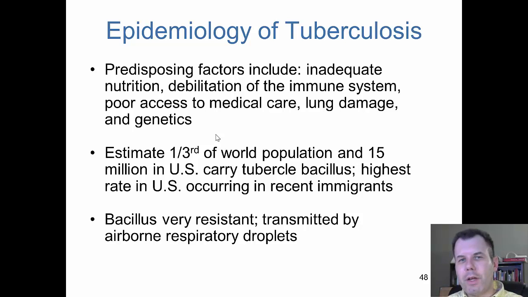They had the infection at one time in their lifetime, and they came over here, and then it reactivates later on. So about 1/3 of the population, 15 million in the United States, actually carry the disease. And again, the highest rate is occurring in recent immigrants coming to the United States. And again, it's very resistant and it's transmitted through airborne respiratory droplets.